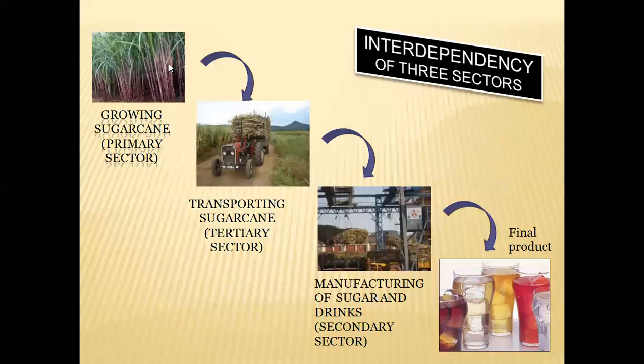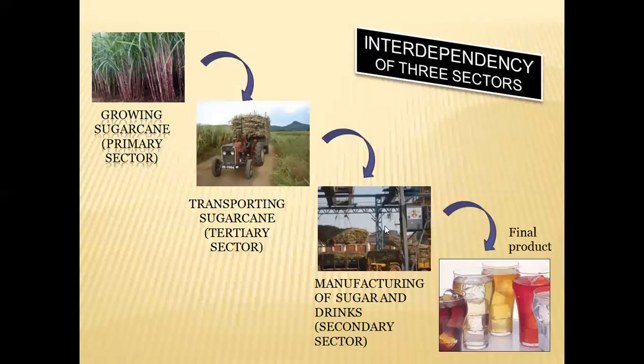Then this sugarcane is transported by using different means of transport. So transporting is the tertiary sector, which is helping primary sector to transport its raw material to factories. Factories are the secondary sector where sugar is produced by using sugarcane.